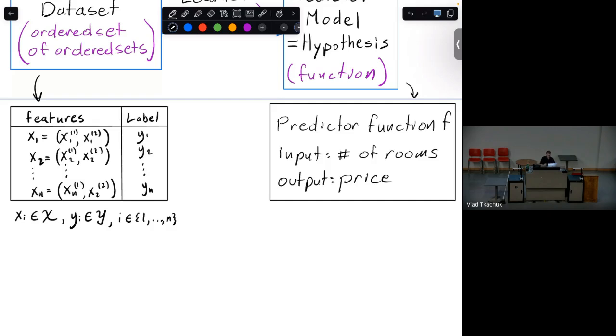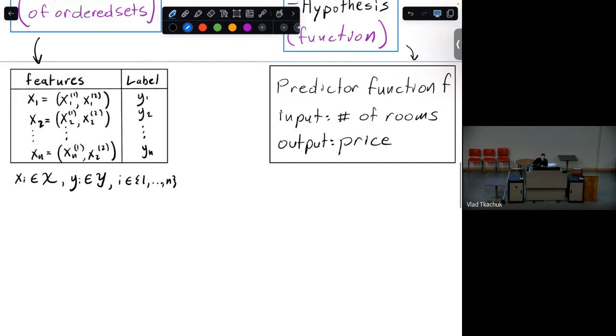All this means is that each one of these is in some set. Some examples of this might be: this calligraphic X might be, for instance, if you have 2 dimensions here, so you have 2 indices in your features, something like R to the 2.